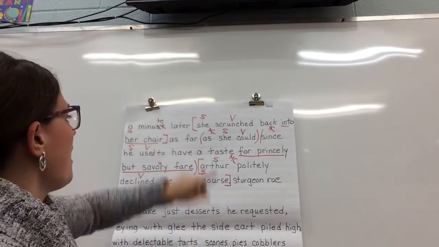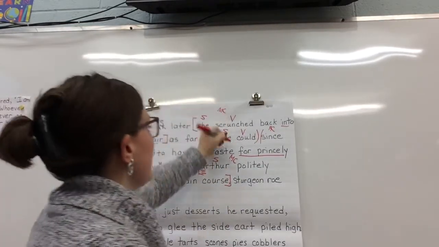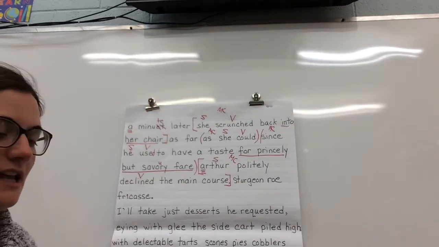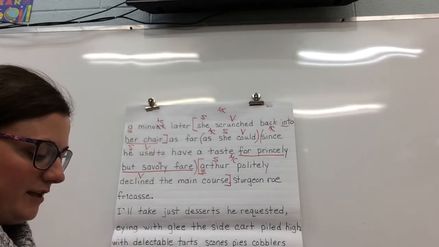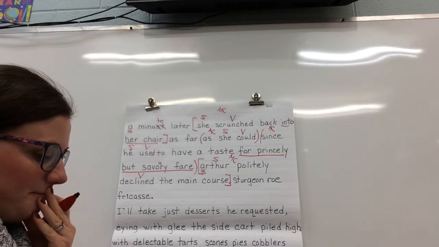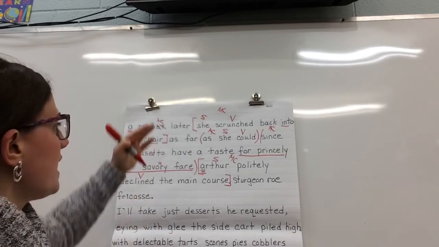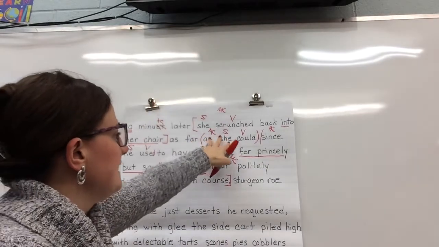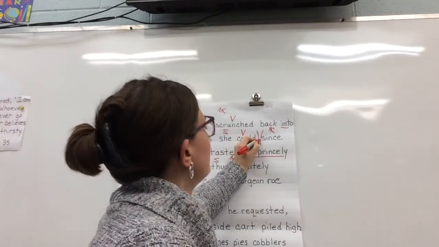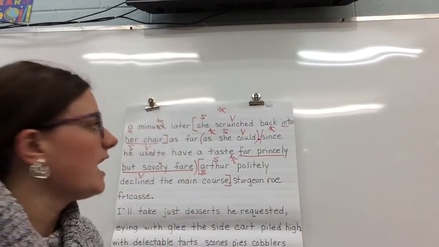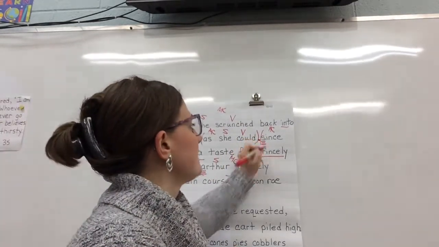You are right. We've got a main clause, an AC, and a main clause. Where do you think we are going to put our period? Okay? So, we've got an MC and an MC, and we've got an AC in between. If you said after could, that is where we want to put our period and capitalize our since.